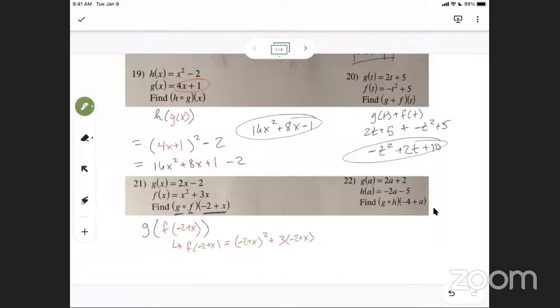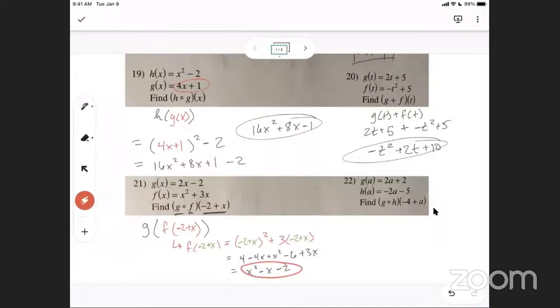So simplifying it, this equals 4 minus 4x plus x squared minus 6 plus 3x. So that equals, putting it in order, x squared minus x minus 2. Unless I made a mistake, but I don't think I did.